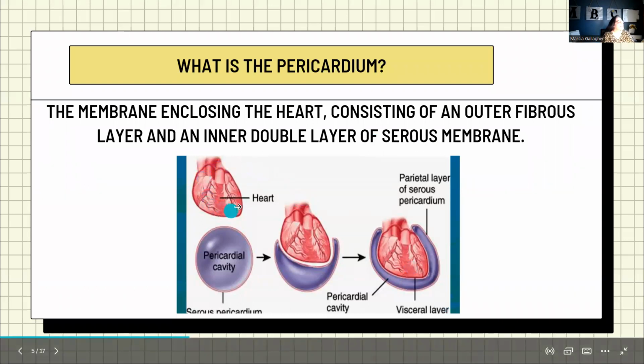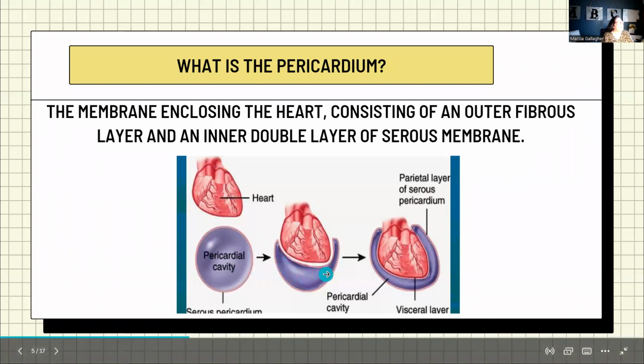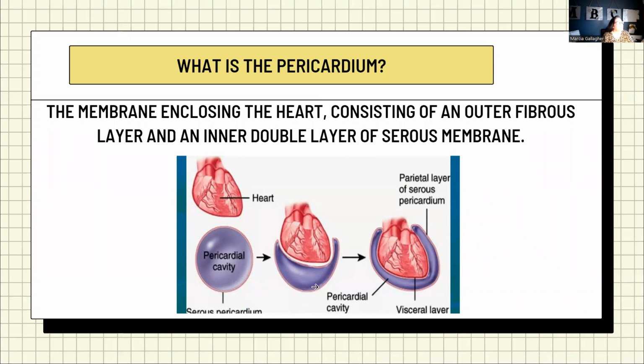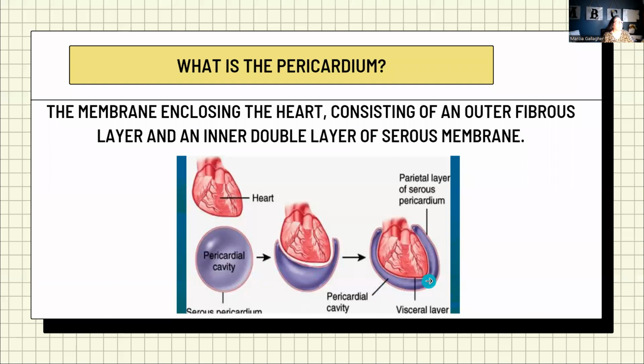Okay, so let's look. This is going to be your heart. This is your pericardial cavity that shows in purple. So this pink outside the purple here is your serous pericardium. Then the inside, just the solid purple, is your pericardial cavity. Then right next to your heart is a visceral layer.